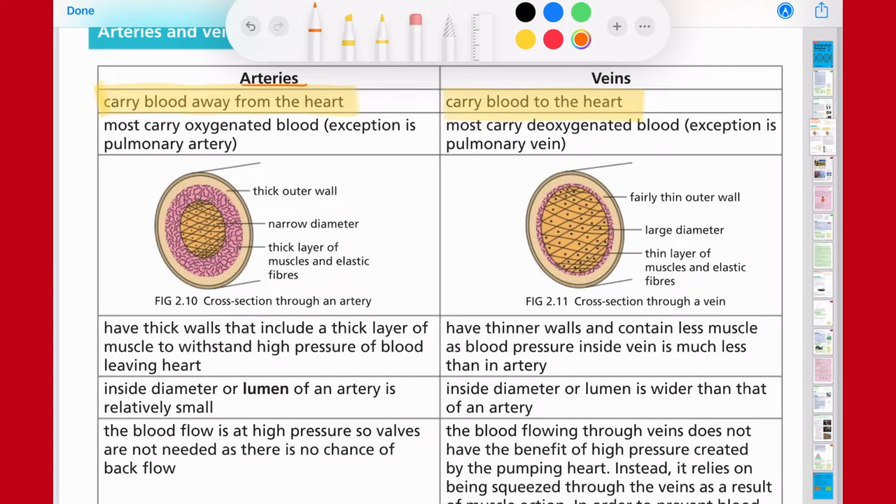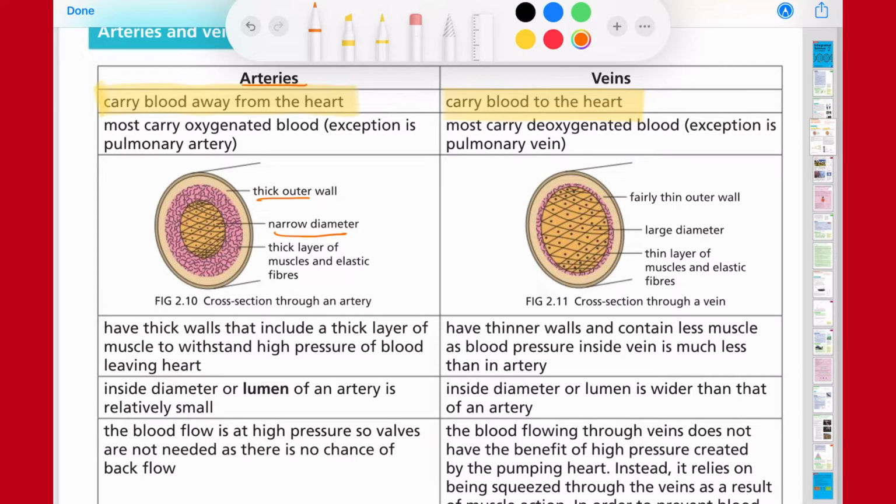With your artery, your outer wall is very thick as compared to your vein, where the outer wall is thin. The portion where blood will actually be flowing, or the inner diameter, is very narrow in an artery, and in a vein the diameter is very large.